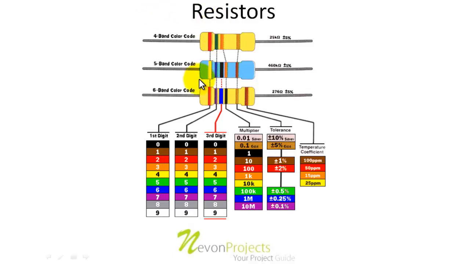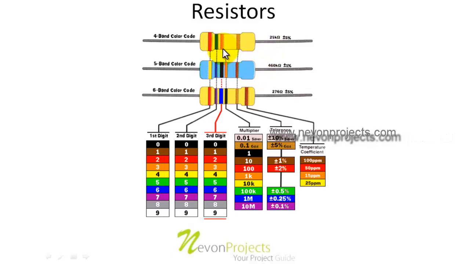So let us see how a particular resistor value is calculated. Suppose we have this resistor. Here we have red as the first digit, so it's 2. Then we have green as the second digit, green is 5, so it's 25.